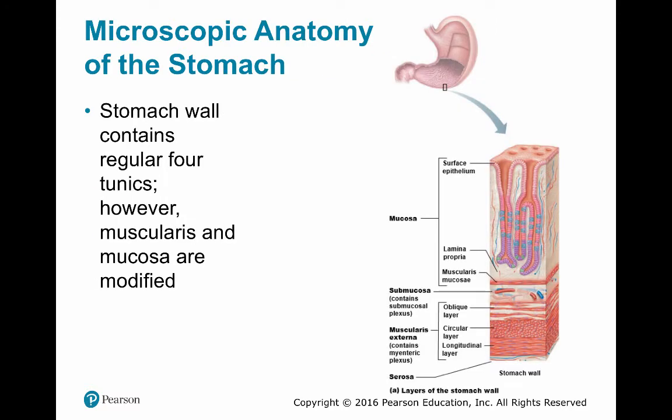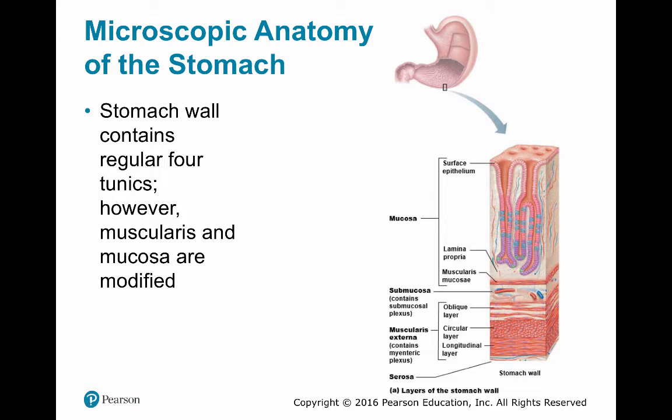Now, when we're looking at the stomach microscopic anatomy, the stomach wall contains four tunics, or four layers. It's the same as what we were talking about earlier when looking at the general anatomy of the digestive system. The mucosa has the epithelium, the lamina propria, and the muscularis mucosa.